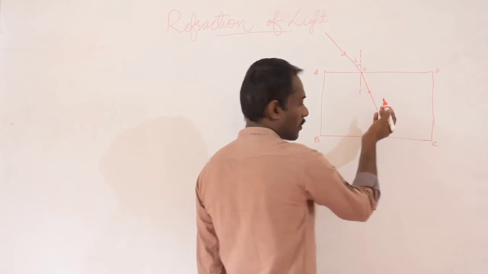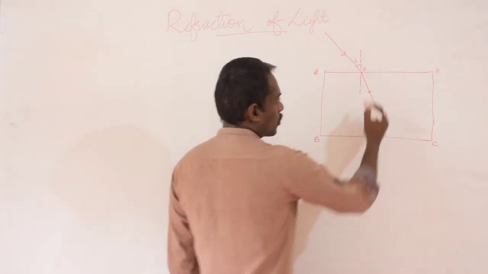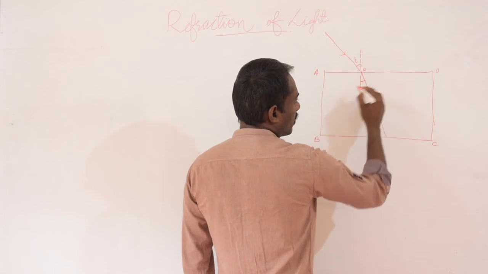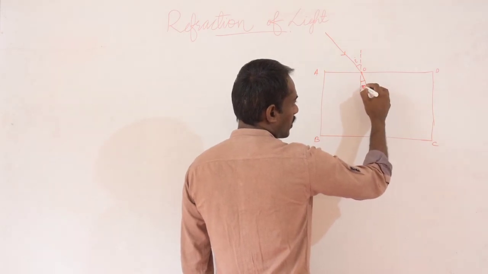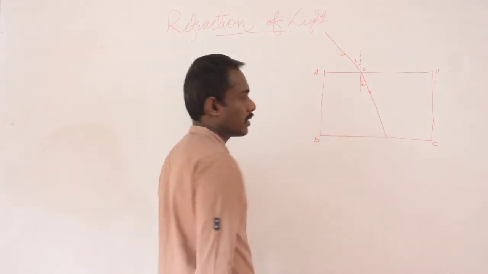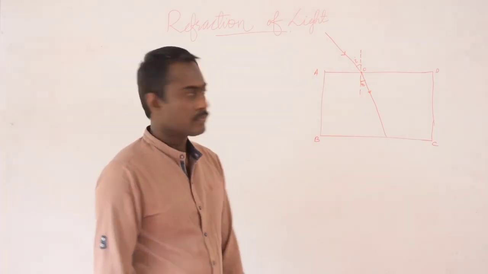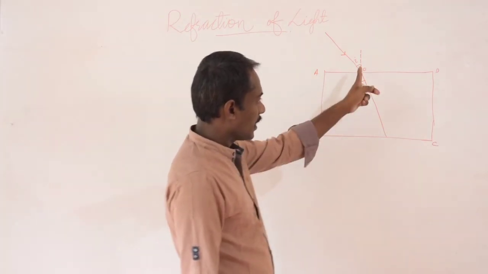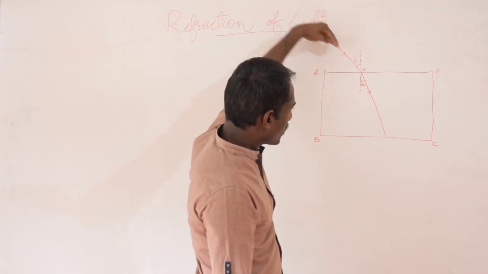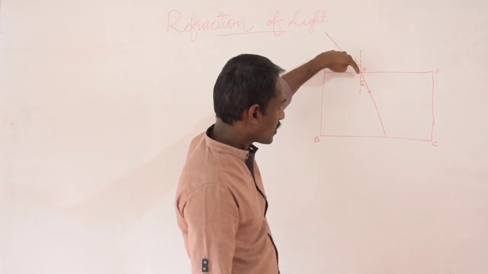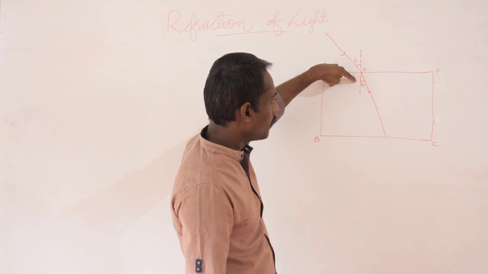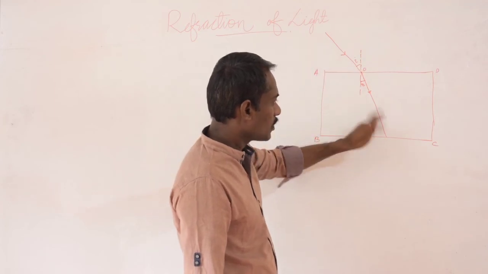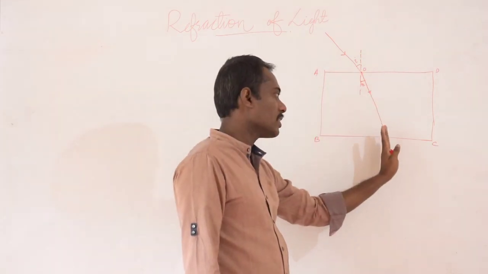The angle between the refracted ray and the normal is the angle of refraction R. This ray, incident obliquely on the side AD of the glass slab, is refracted, so there is a slight change in its direction.